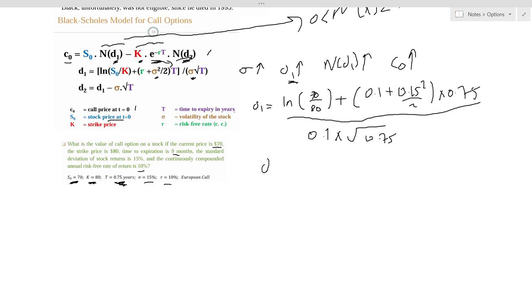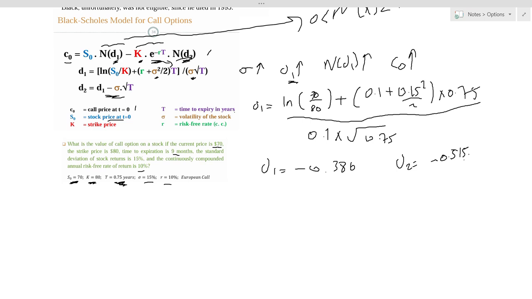At the end of the day, d1 will be minus 0.386, and d2, if I apply this formula, will be minus 0.51.